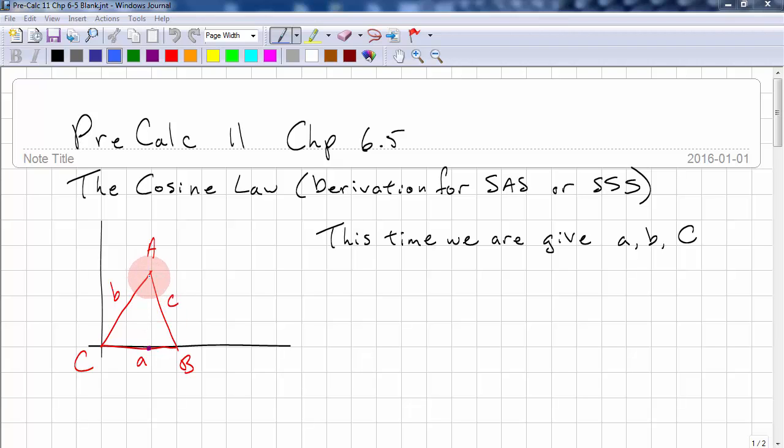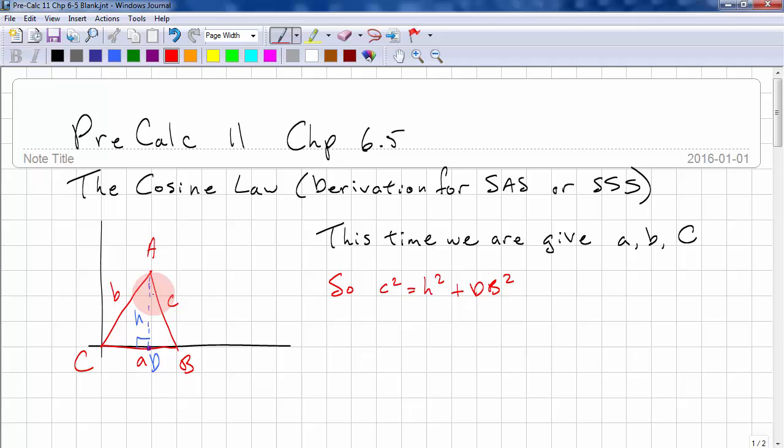Okay, again, we need to draw the height, h, and this is a right angle. And for sake of simplicity, we'll call this point D. So what we have is c squared equals h squared plus DB squared.